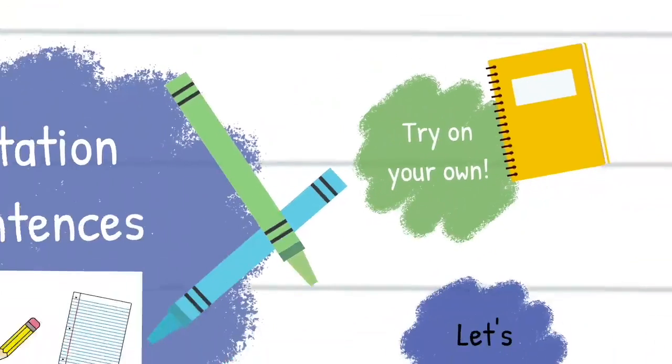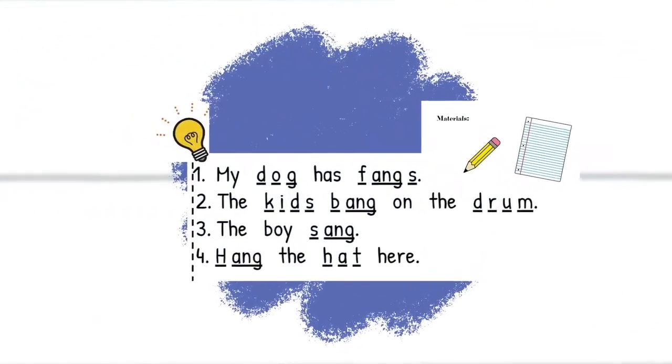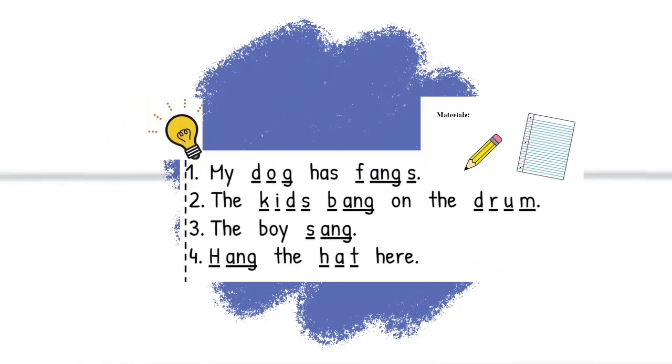Let's check our work. Here we go. This is what your sentences should look like. In that first sentence, my dog has fangs. And friends, if you notice, oh man, I didn't get that, pause and fix it. No big deal. That just means that you are growing as a reader, writer, and speller.